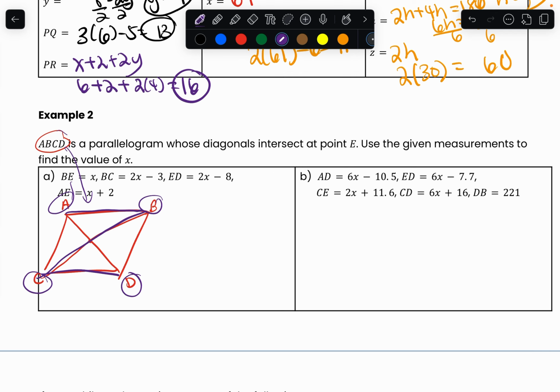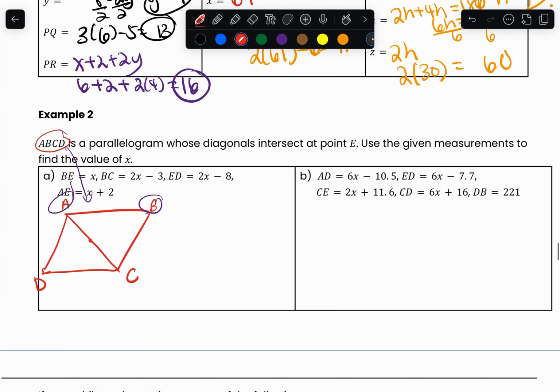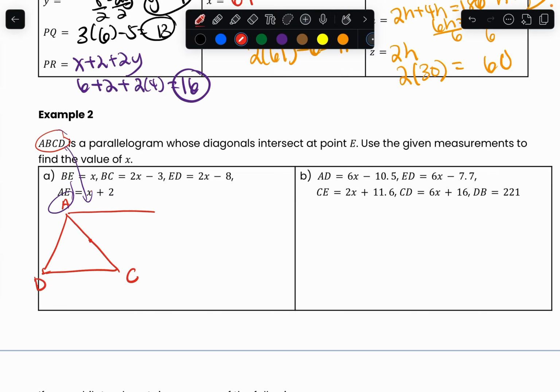The labels have to be in order for it to be parallelogram A, B, C, D. This is the correct way that you will label your parallelogram. Just FYI, this is a very common mistake that some students make.